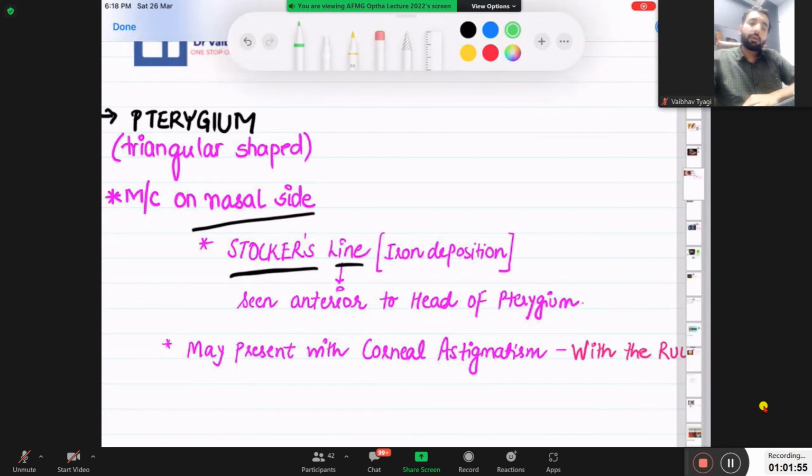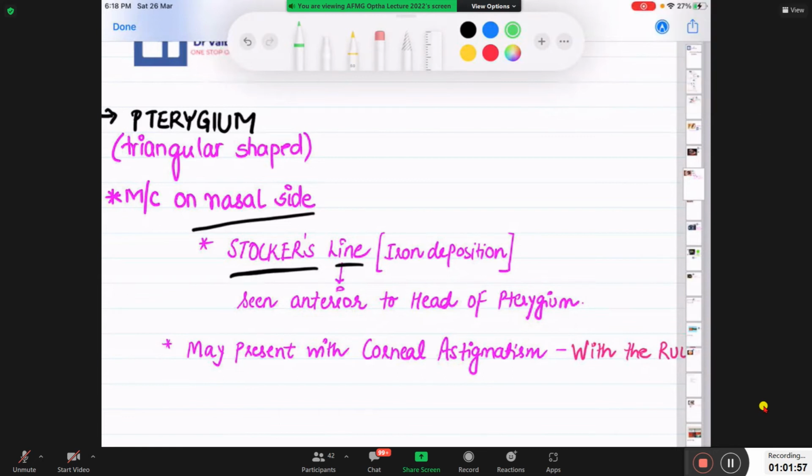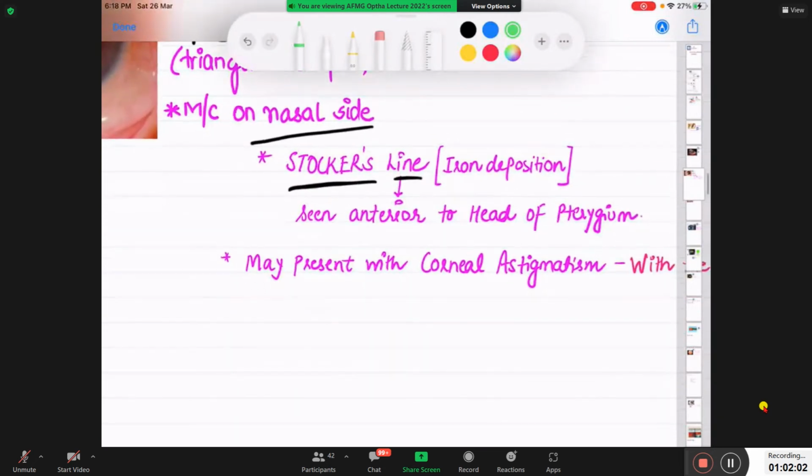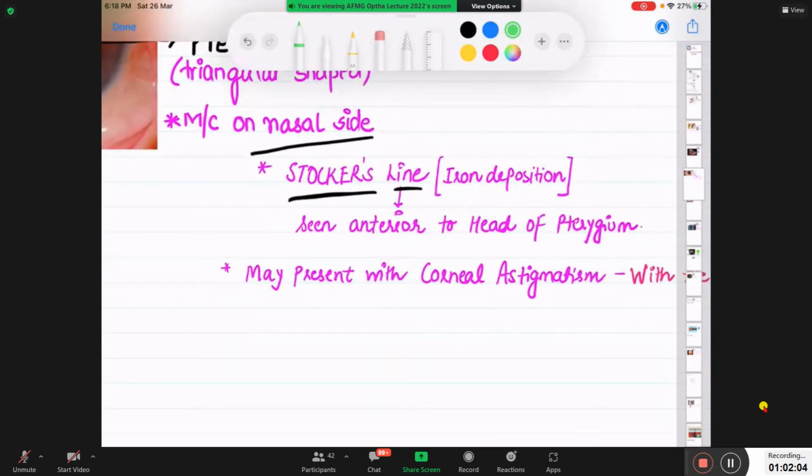Okay. Next important point about pterygium, write down. Risk factors of pterygium, write down.